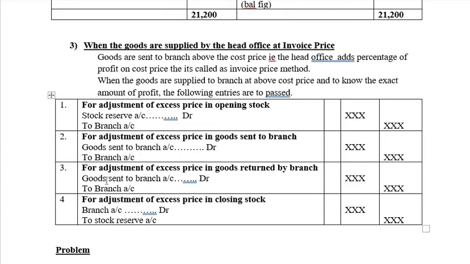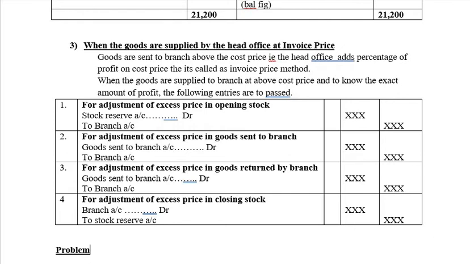Third one, for adjustment of excess price in goods returned by branch, then what is the entry? Goods sent to branch account debit to branch account. And the last one, for adjustment of excess price in closing stock, then what is the entry? Branch account debit to stock reserve account.